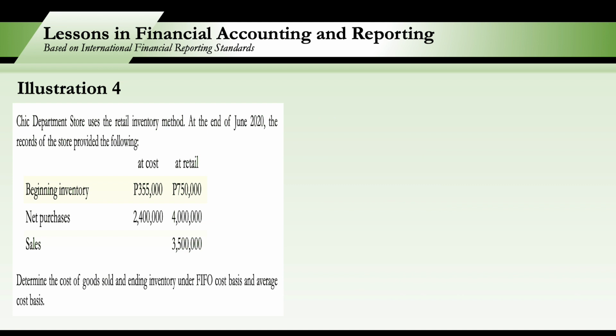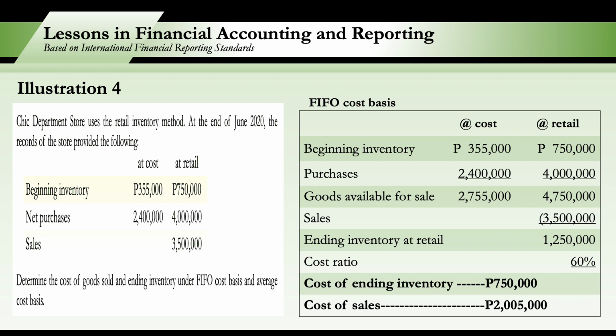So we'll answer the problem using the FIFO cost basis first. So the FIFO cost to retail ratio. We'll start with our beginning inventory at cost and at retail, so 355,000 and 750,000 respectively. And then we add our purchases both at cost and retail as well. Purchases at cost is 2,400,000 and purchases at retail is 4,000,000.